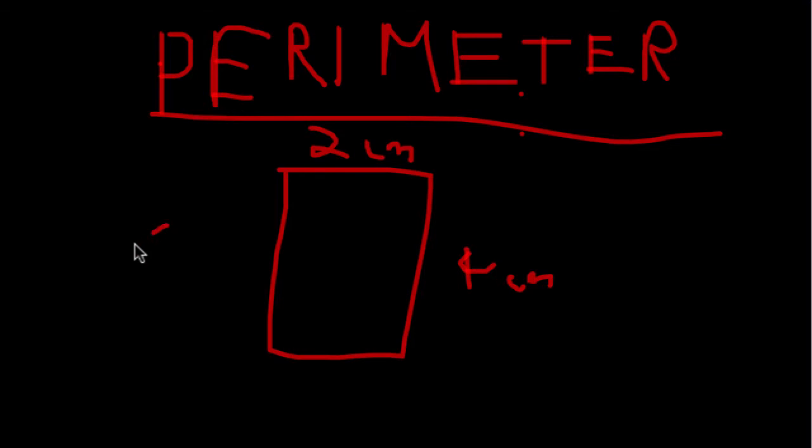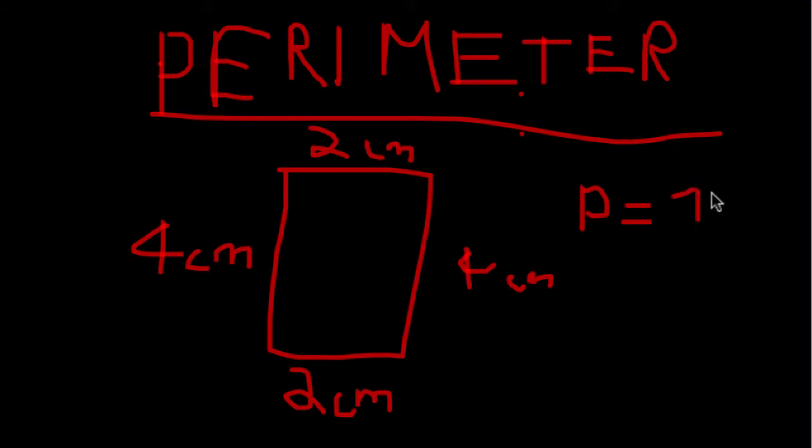And this one is also 4. And 2. So basically what we have to do is make an addition of all. So 2 plus 2, 4. And 4 plus 4, 8. So 4 plus 8, 12. So the perimeter of this rectangle would be 12 centimeters.